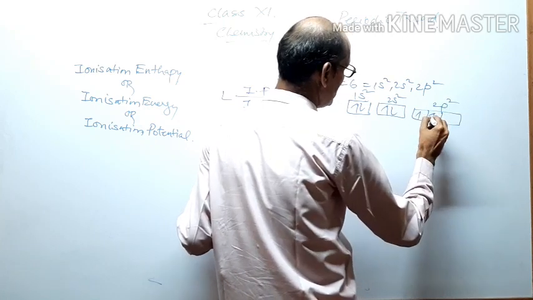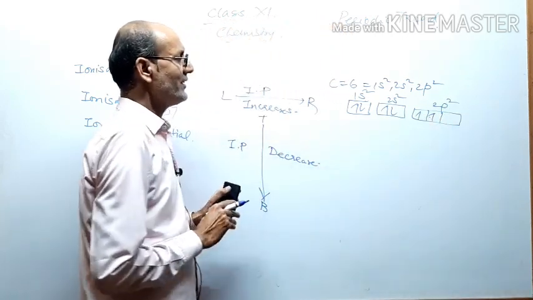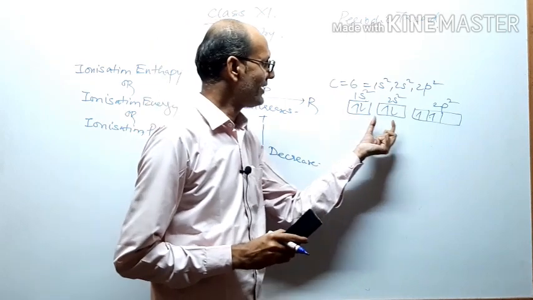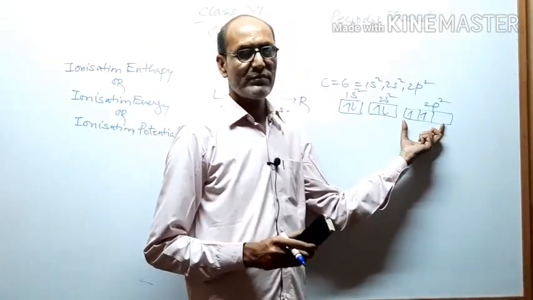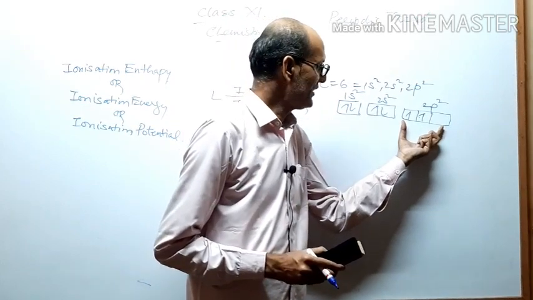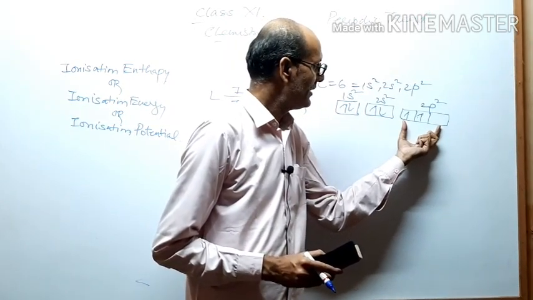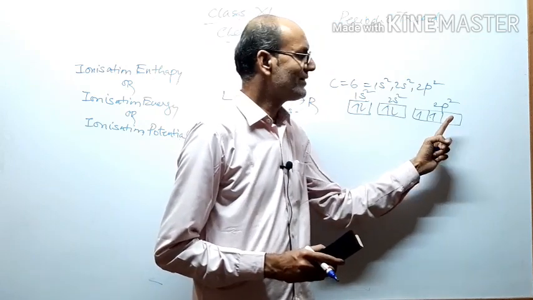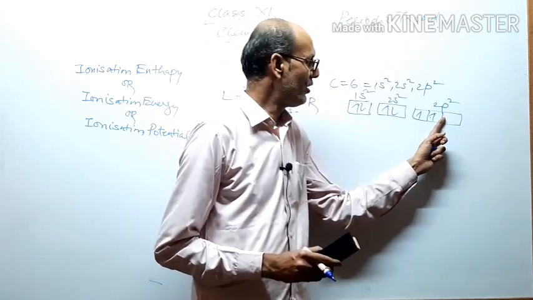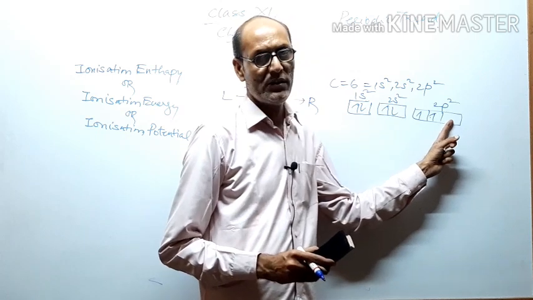What you are seeing, this is a complete shell, this is also a complete shell, while this is an incomplete shell, incomplete orbitals. In this, there is no electron in this orbital. This is less stable because this orbital is vacant.